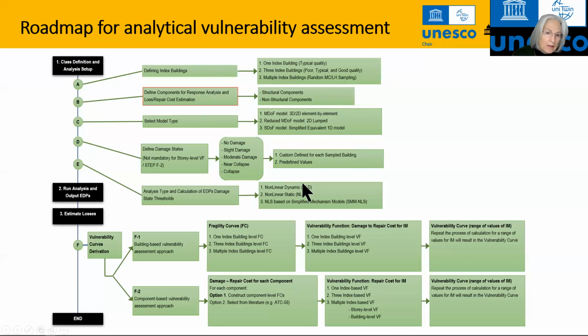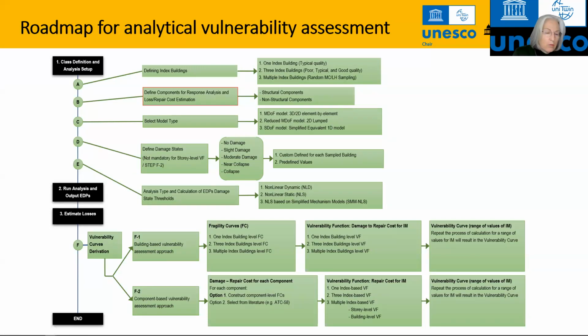And while this is, let's say, the end of the step 2, the run of analysis and outputs of the engineering design parameters represents the end of the seismic structural assessments, then if we want to estimate the losses and mitigate the losses, we need to go through the derivation of fragility curves, vulnerability functions at either whole building or component-based level.